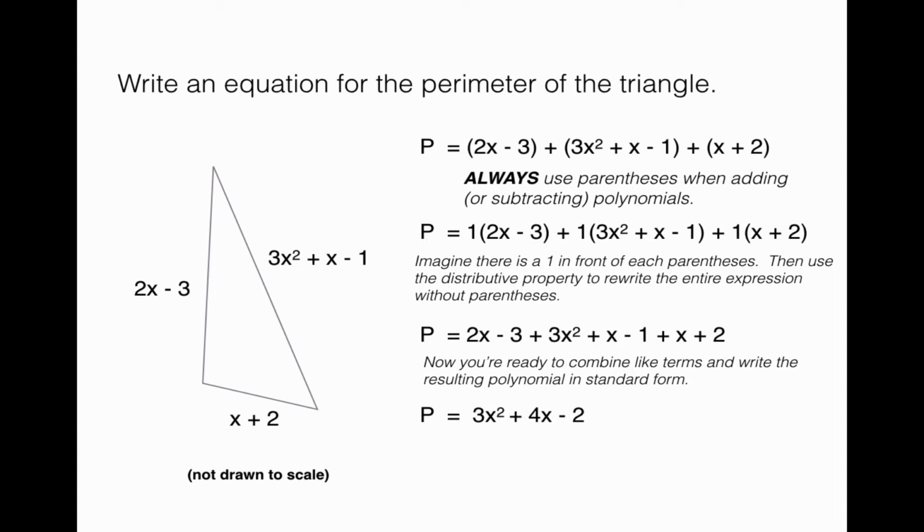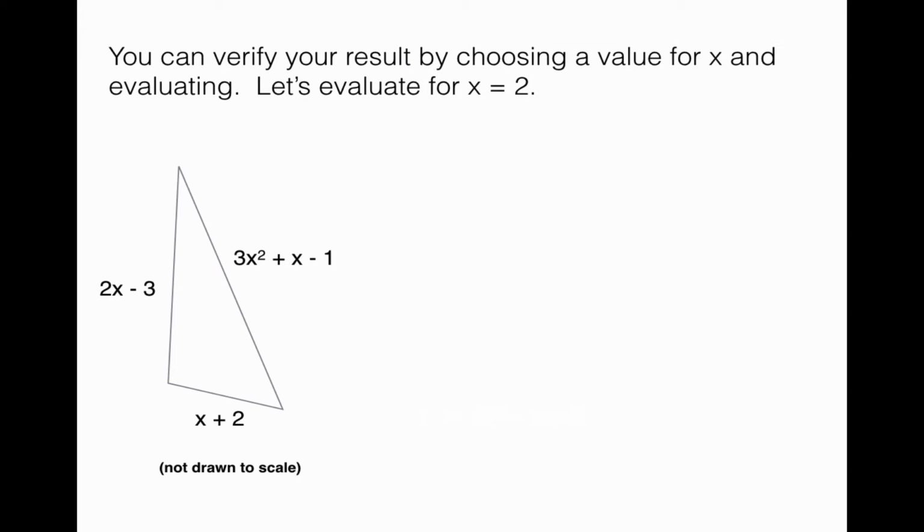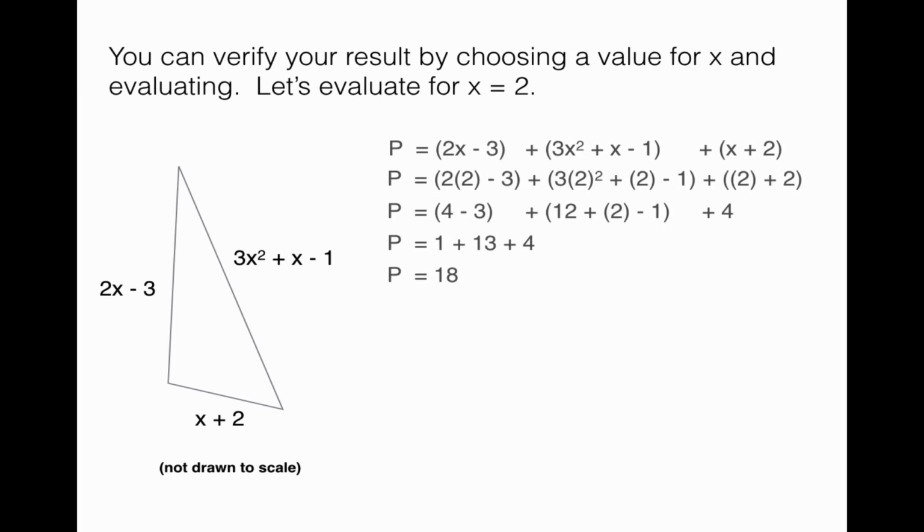So one way you can check yourself is to choose a value for the unknown variable, and plug it into the original expression, 2x minus 3 plus 3x squared plus x minus 1 plus x plus 2. You plug in that 2 and evaluate it, and you get a certain perimeter based on that input x. So when x equals 2, then the perimeter of this triangle equals 18.